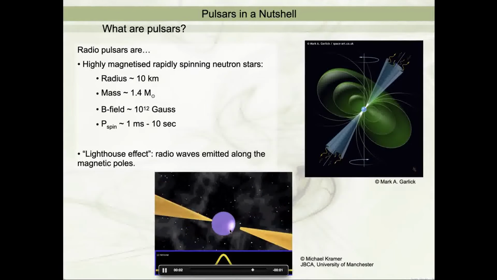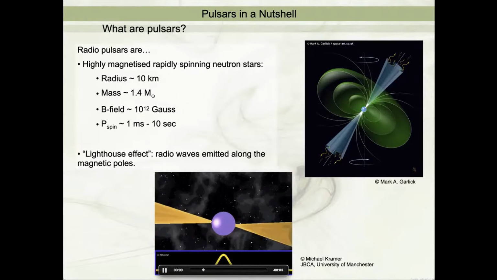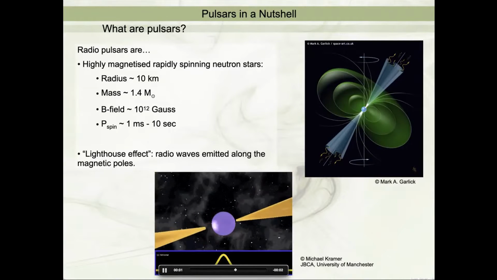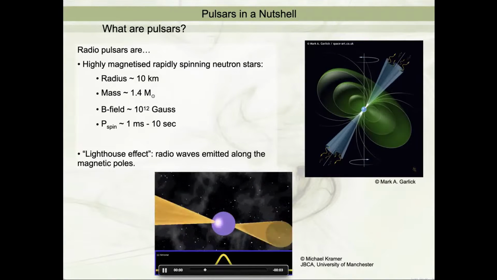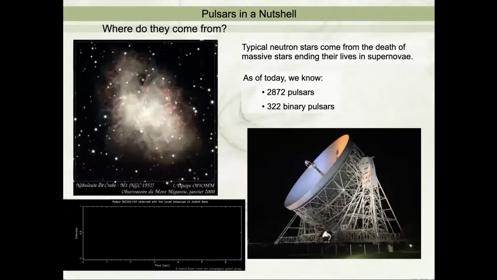So for typical pulsars, you don't use an optical telescope looking at visible light to observe them, but instead you use a radio telescope, such as the Lovell telescope that we have at Jodrell Bank. At Jodrell Bank with the Lovell, we spend about a third of the observing time every year looking at a myriad of pulsars and doing science with them.